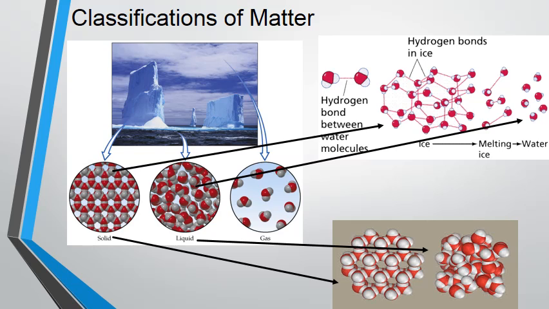So we have our water molecules sitting there, and they're all connected with these red dotted lines, and those are called hydrogen bonds. This is a weak bond that's formed between molecules, and it kind of holds them together. It gives them a sort of stickiness to each other. Well, in water, when we have those hydrogen bonds all stuck together, we form ice. It gives ice that rigid structure.